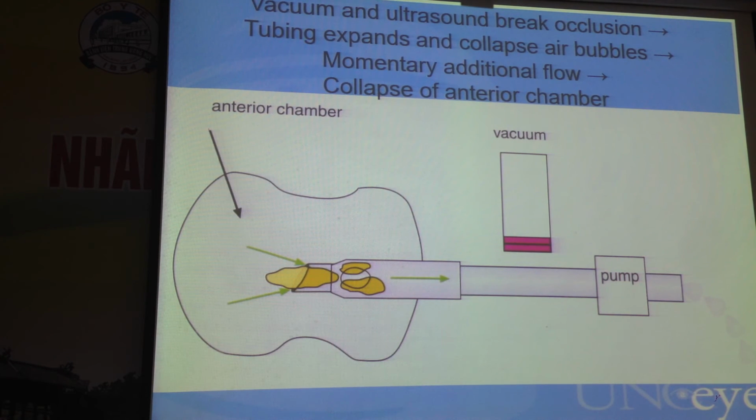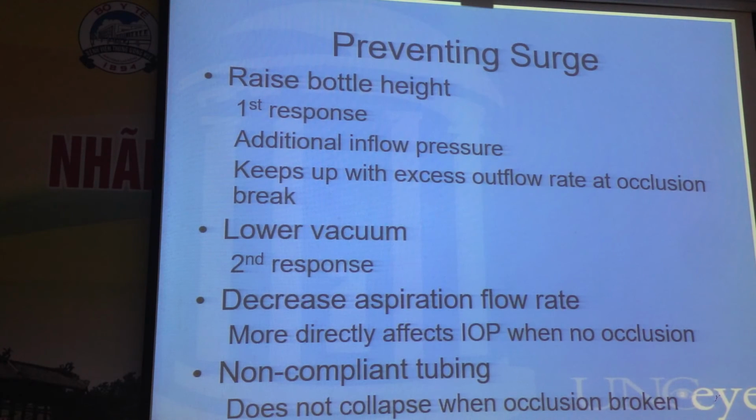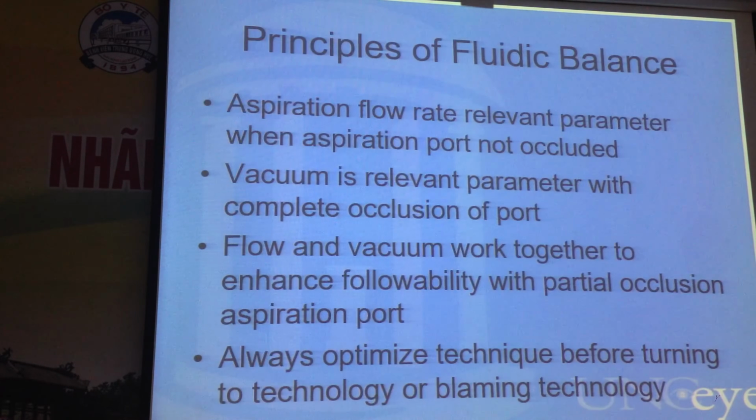So the fundamental concept of preventing surge when you're doing partial occlusion phaco is to raise the bottle level. That's the first thing that you do if you start seeing the anterior chamber collapse. The second thing you can do is to lower the vacuum. So you have to be well aware of the principles of fluidic balance.